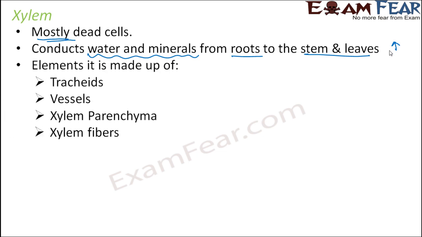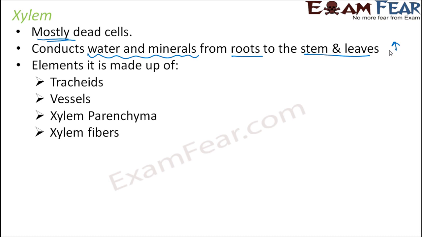Now, what are the different elements it is made up of? As I said, these are complex tissues, made up of many different types of cells. These cells vary in structure and also in function. Each of them performs a different function, but all of these functions together perform a collective function for the xylem.